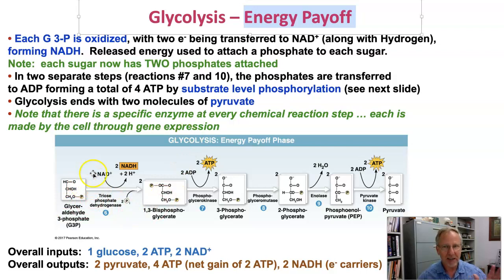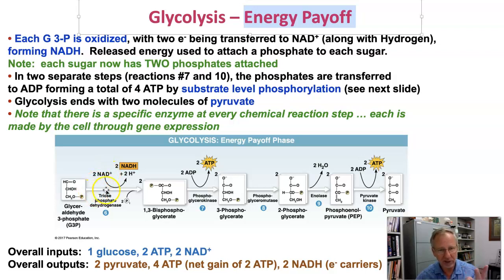So the beginning of the energy payoff phase involves this glyceraldehyde 3-phosphate, G3P, that we just finished discussing on the last slide. And there's a couple important things that happen right away with that G3P. It fits into an active site of an enzyme. You don't need to know the name of it, but so does an NAD.